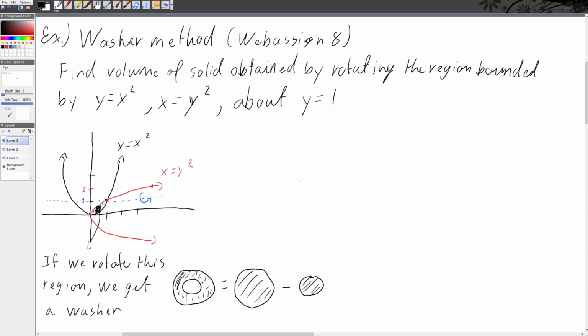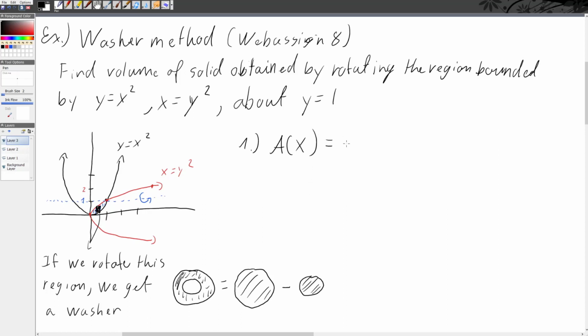What all of this means is that if we want to find the area of this washer, just like before when we rotate about the x-axis, we take integration with respect to x. Here we are still rotating about some horizontal line, so we still take integration with respect to x.